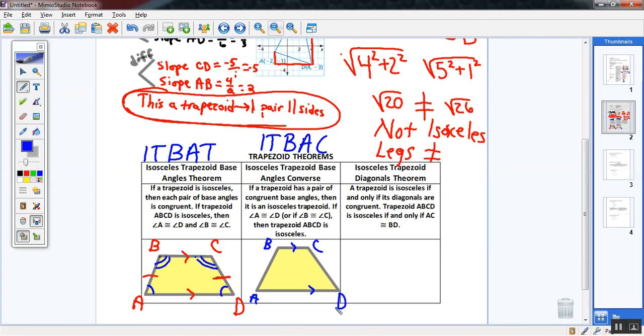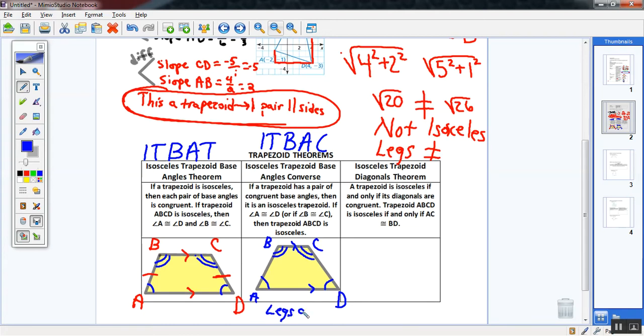This is saying if your angles are congruent, so in other words, if C and B are the same, and A and D are the same, what could you say about the two legs? Okay, the legs would have to be equal. Given that right there, your legs are equal.